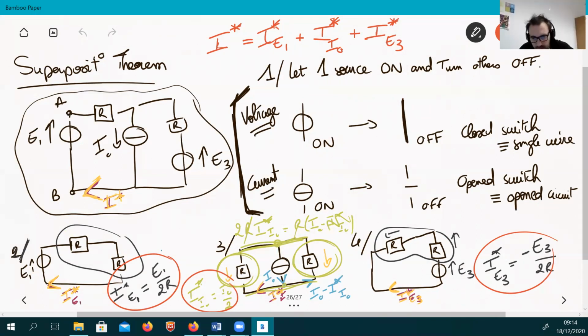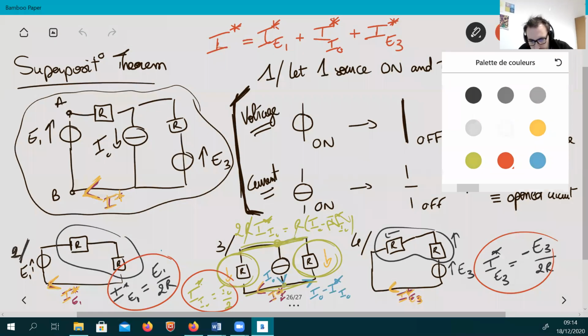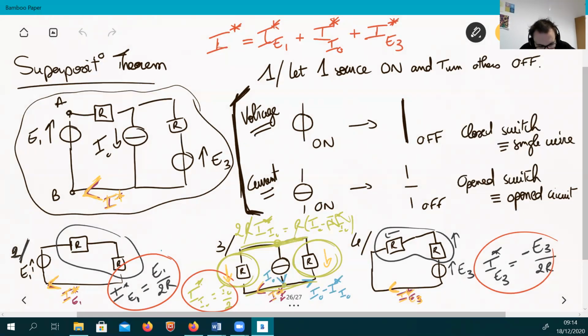In fact, you applied the mesh law. So you agree with my labeling in this circuit number 3. You have the labeling of the two voltages on both sides. It's UR1, let's call it here, and UR2.